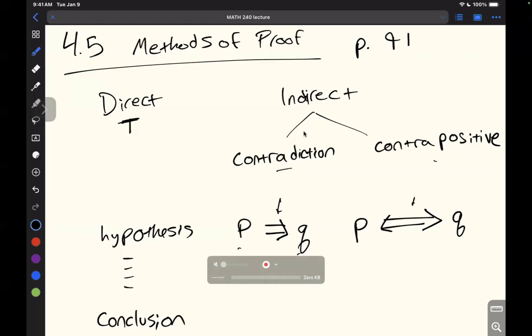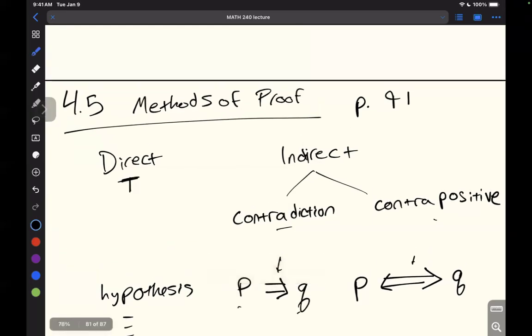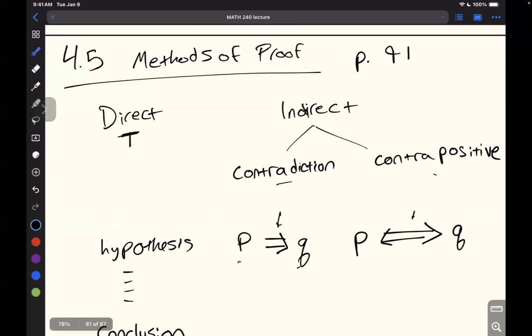All right. So last time we stopped where we were talking about these methods of proof. These are ways that we can reason logically, tell a story to prove something, to say this is true.